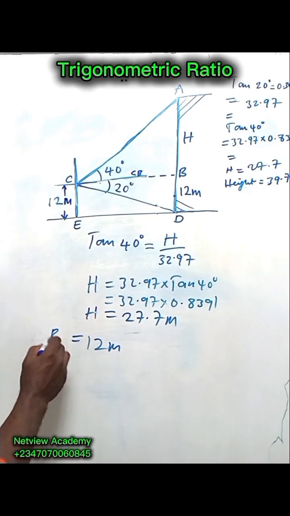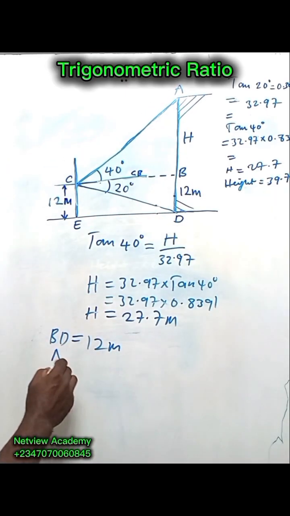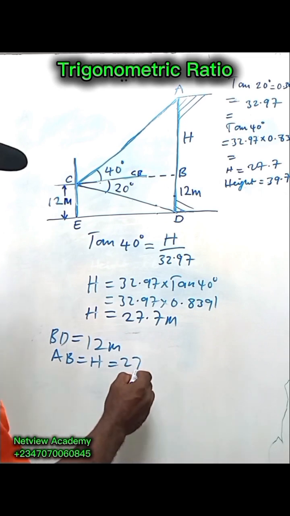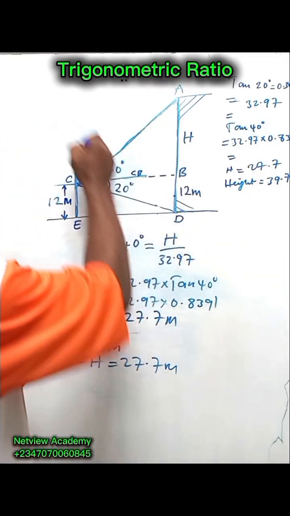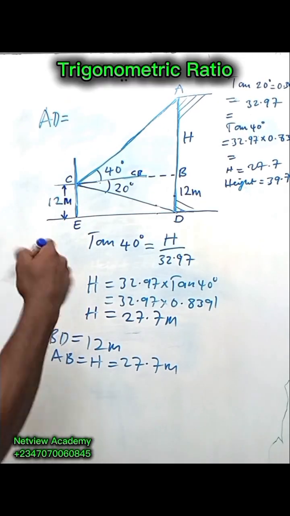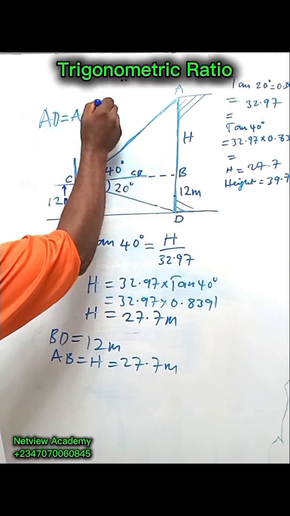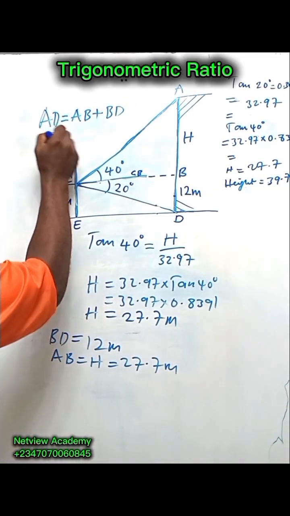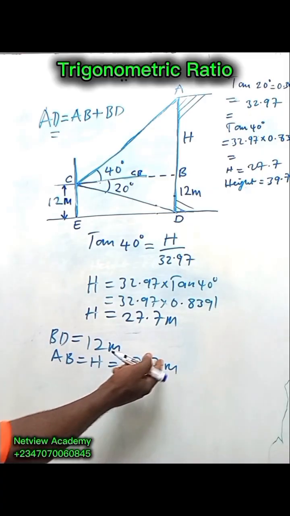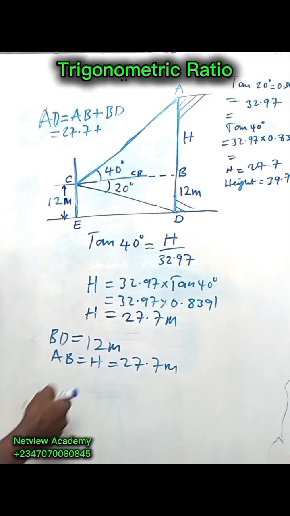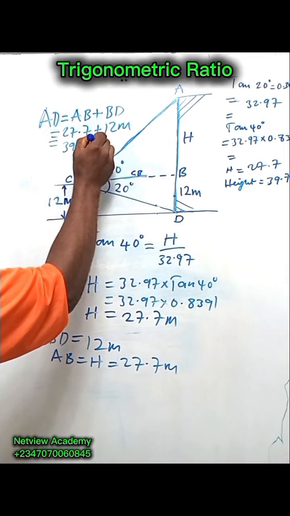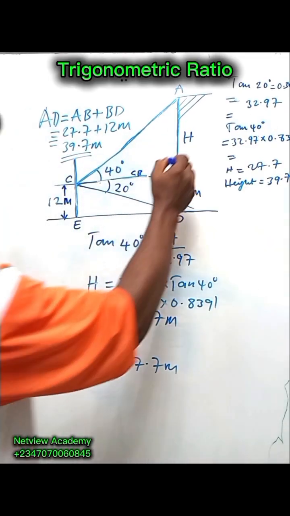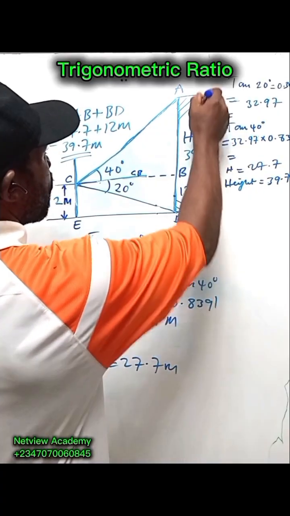We also have AB, which is equal to H. Therefore, the height of the building AD is equal to 39.7 meters. 39.7 meters, the height.